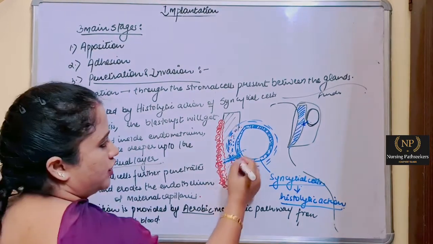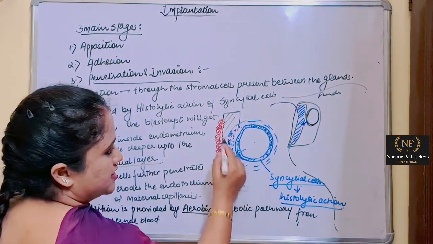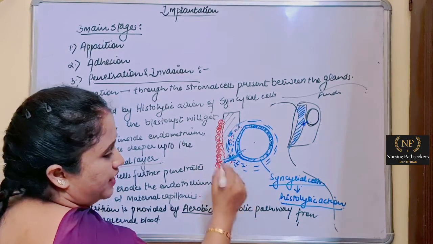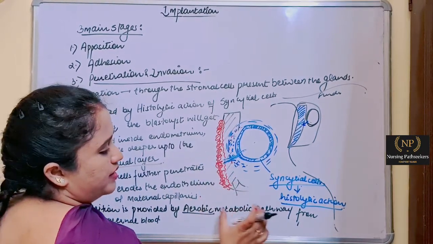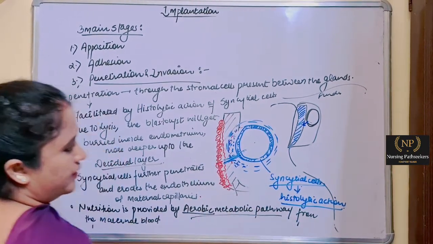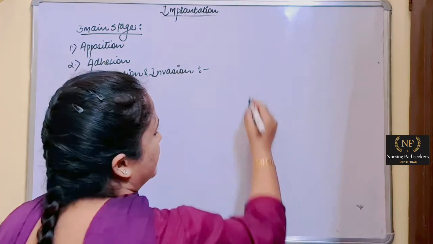Now the nutrition to the blastocyst is provided from the maternal blood through the aerobic metabolic pathway system. The process of implantation has occurred.